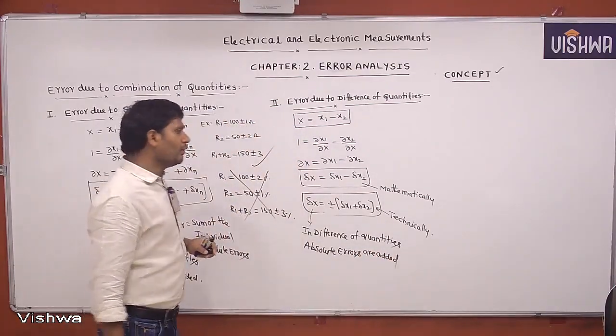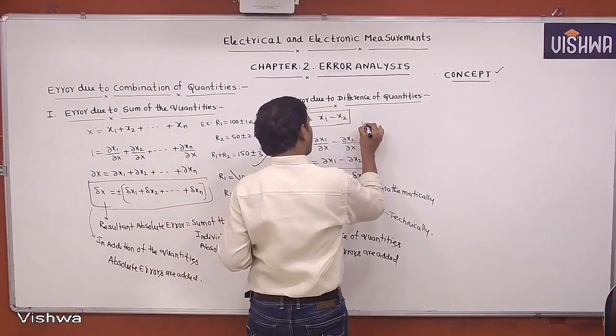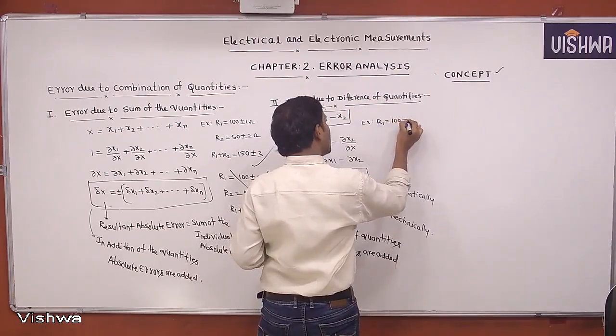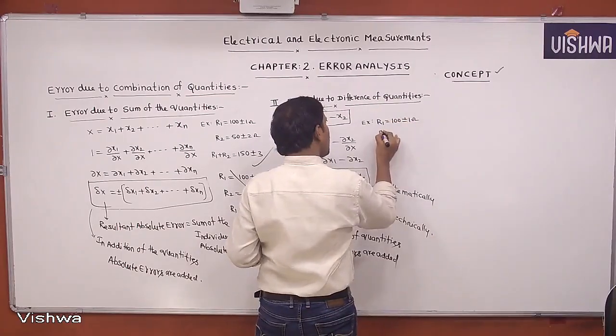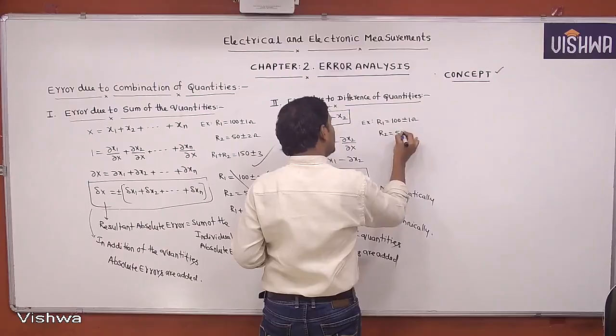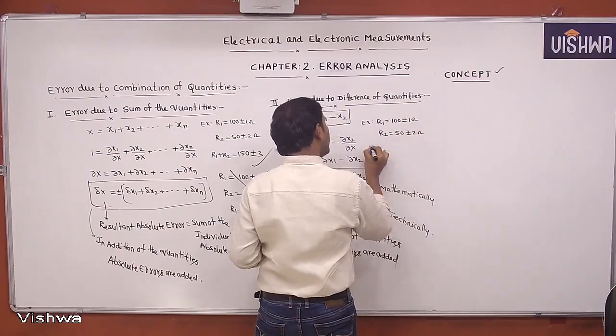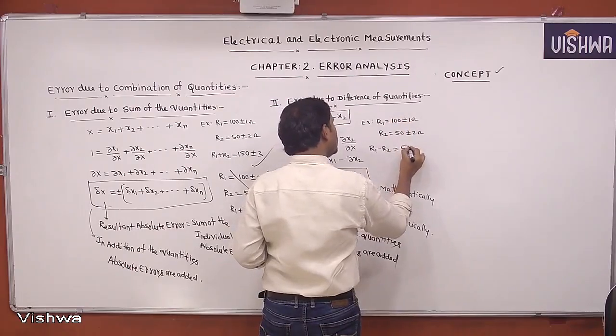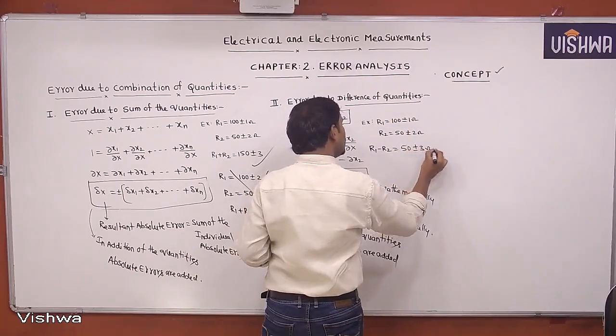Means, for example, R1 equal to 100 plus or minus 1 ohm. R2 equal to 50 plus or minus 2 ohms. If it is asked what is R1 minus R2, 50 plus or minus 3 ohms. Right answer.